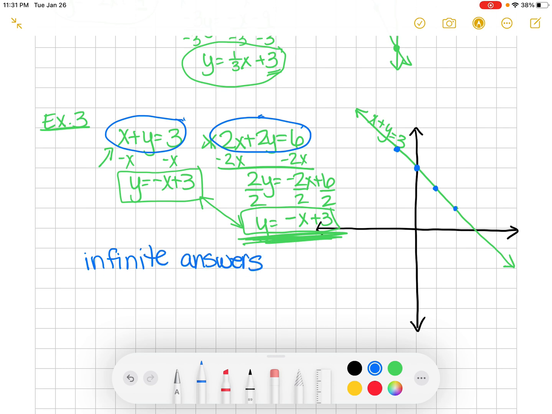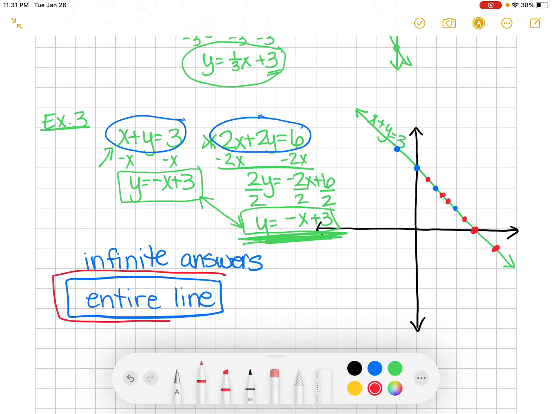But in today's homework, it will say entire line. So what's your answer? Or what's the solution? Everything on that line is a solution. I'm going to put this in red: not just this point or this point, but all the points. This point and this point, all of these points are answers to both equations. So all we do instead is just say the entire line is my answer.